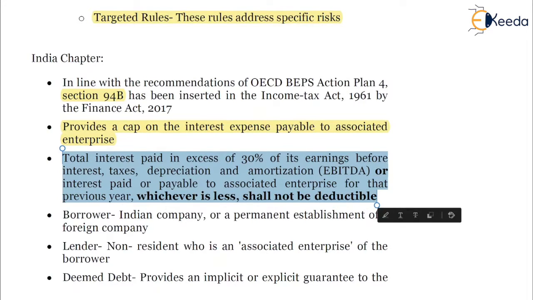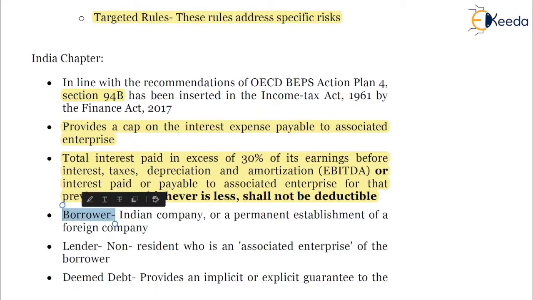Anything in excess of 30% shall not be deductible. The borrower is an Indian company or a foreign company having a PE in India. The lender is a non-resident who is an associated enterprise of the borrower company.